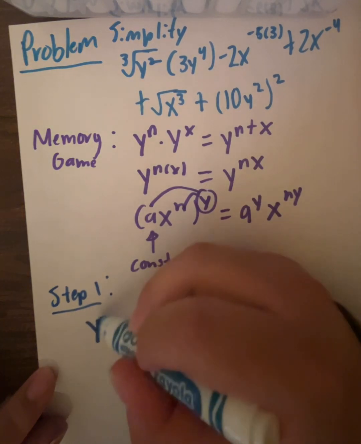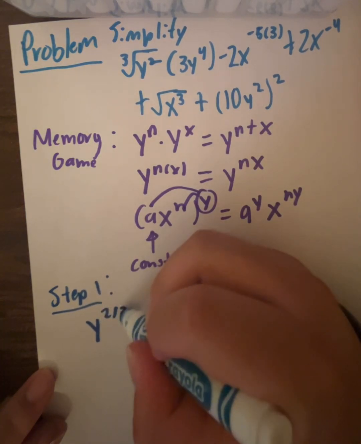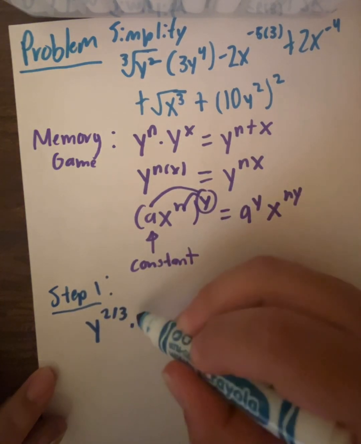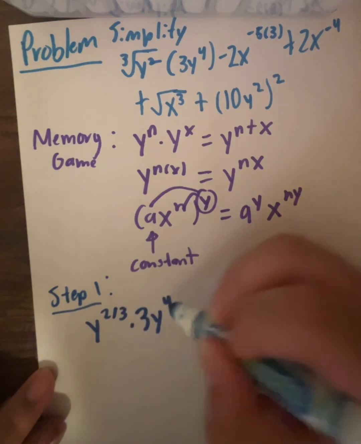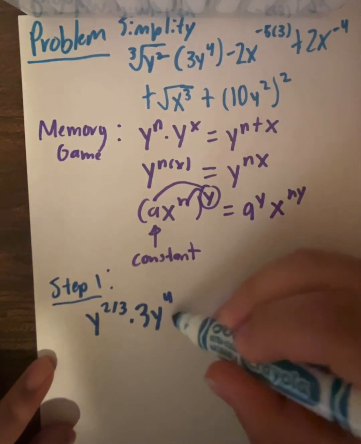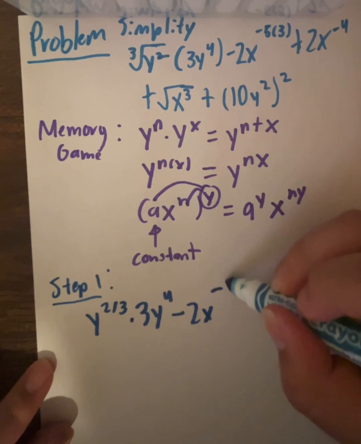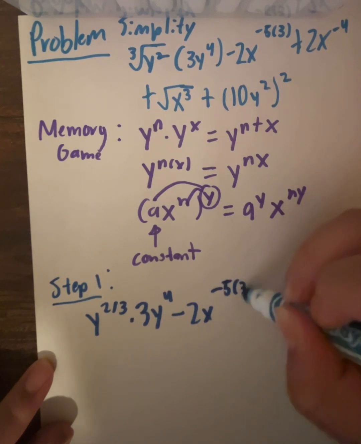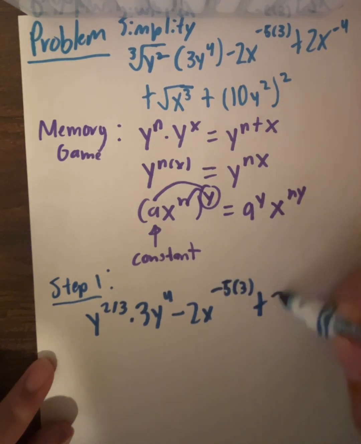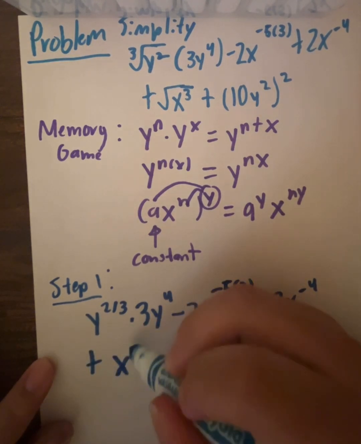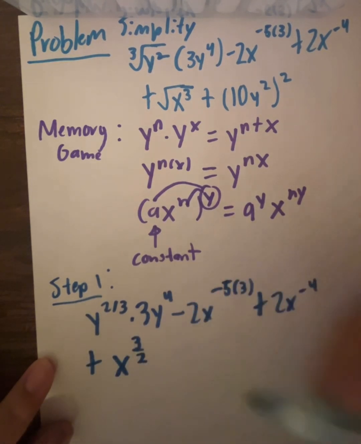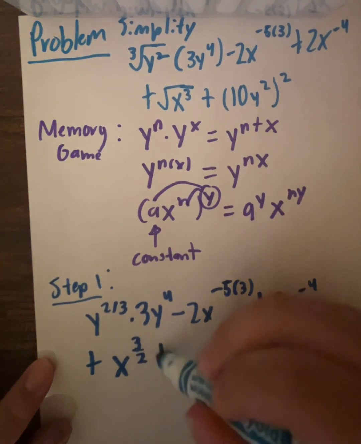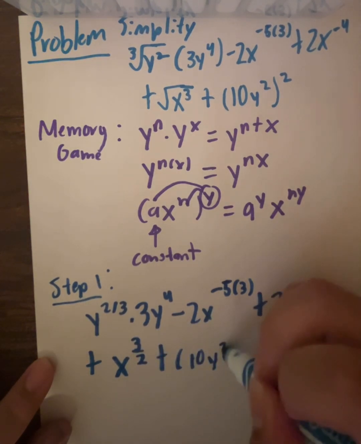So we will have y to the 2/3 times 3 to the y/4 minus 2x to the minus 5 times 3 plus 2x minus 4 plus x to the 3/2 plus 10 to the y squared.